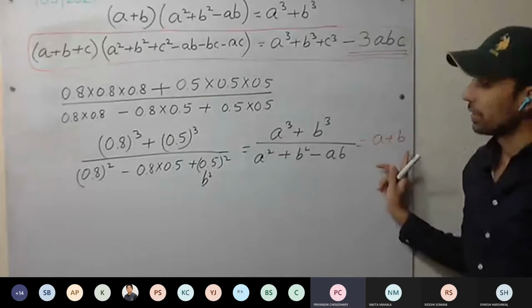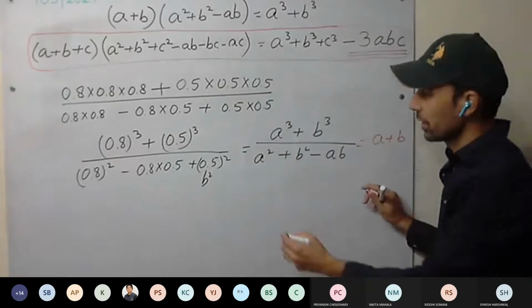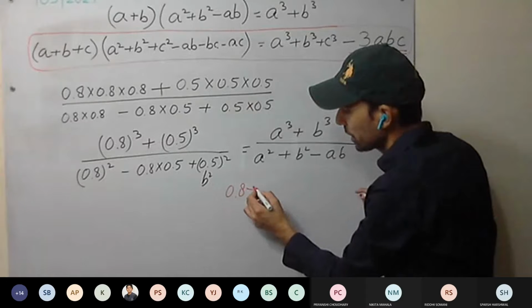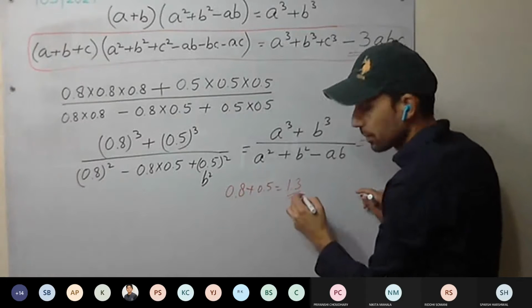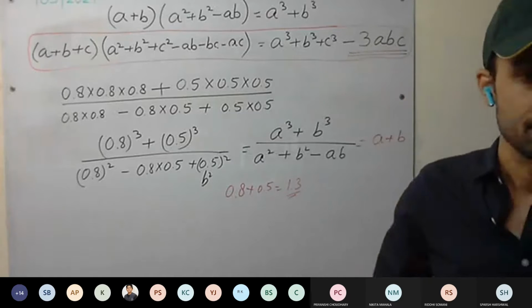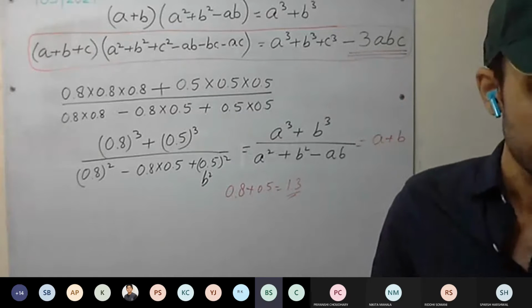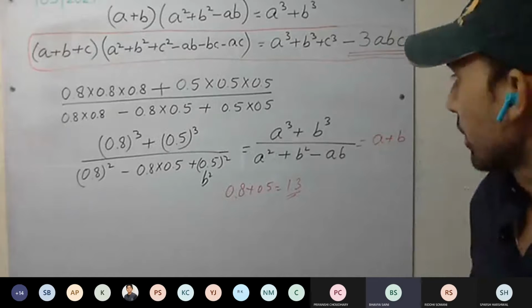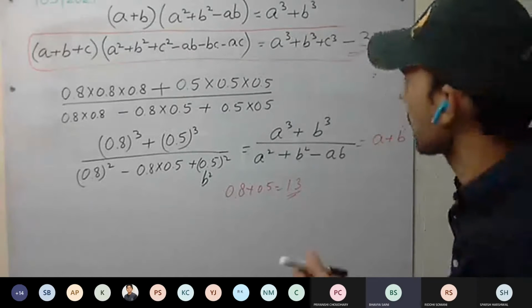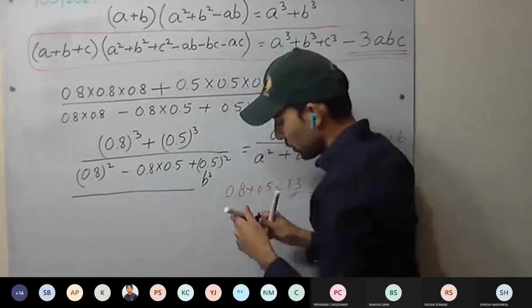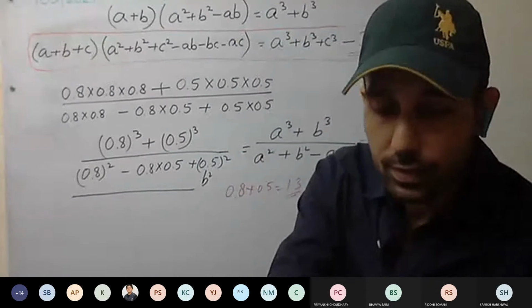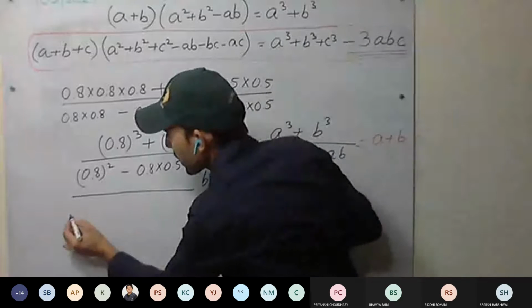Now what will be the answer of this one? 0.8 plus 0.5, 1.3. Have you understood this one? Why have we written there A plus B? What was the equation?